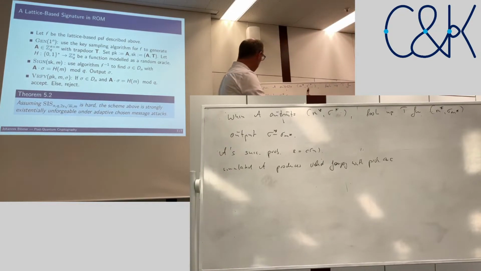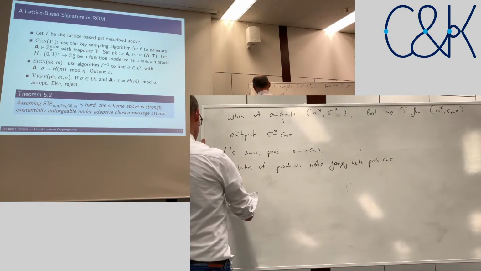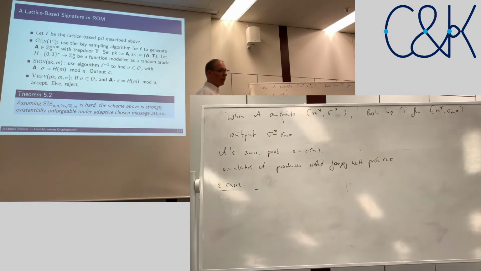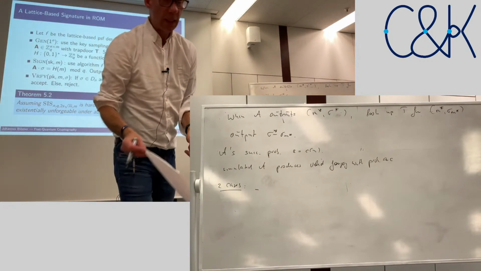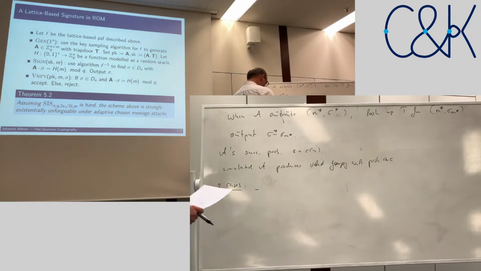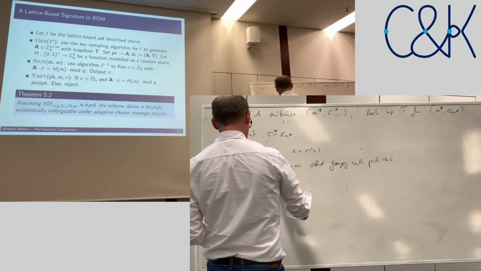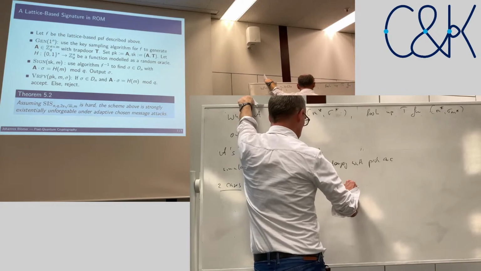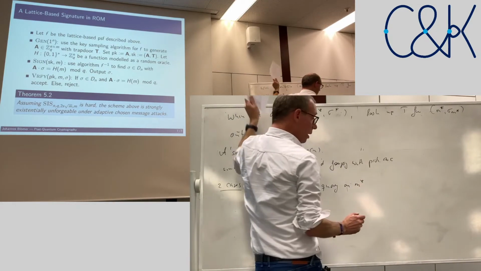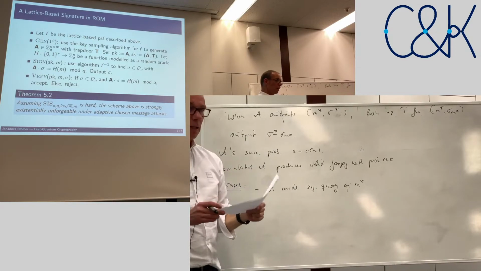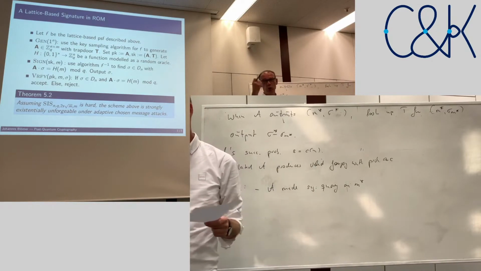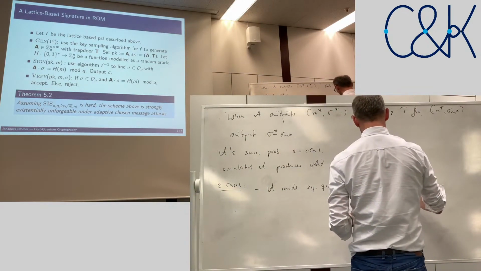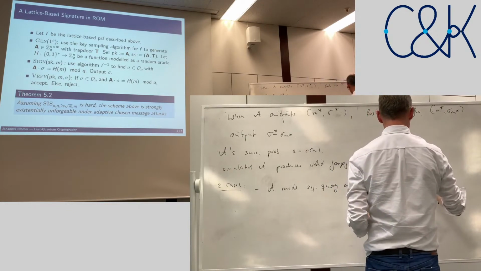Now there are two cases. The first one is that A has made a signing query on M star. So it tries to find a new signature on a queried message, and in that case it received sigma M star.